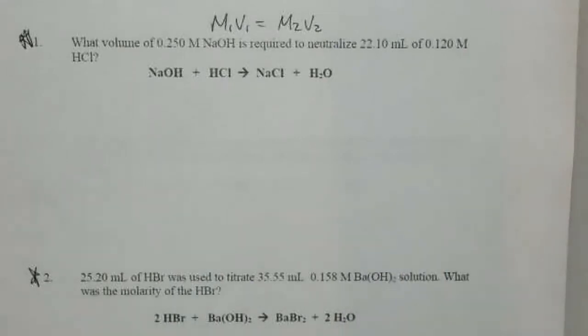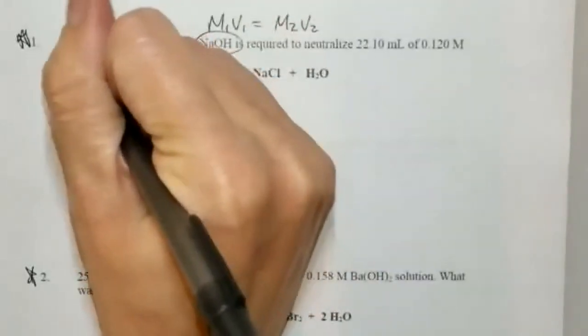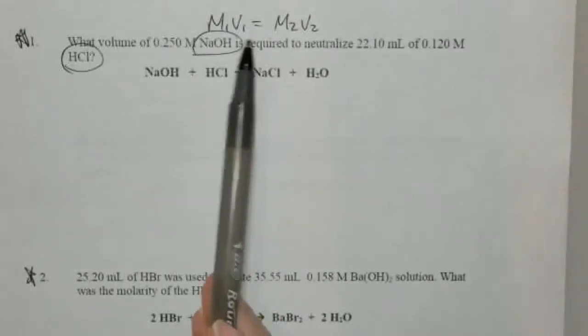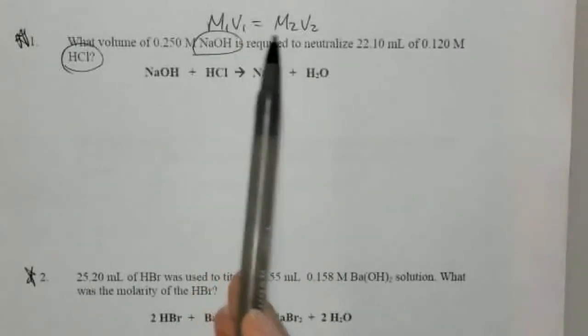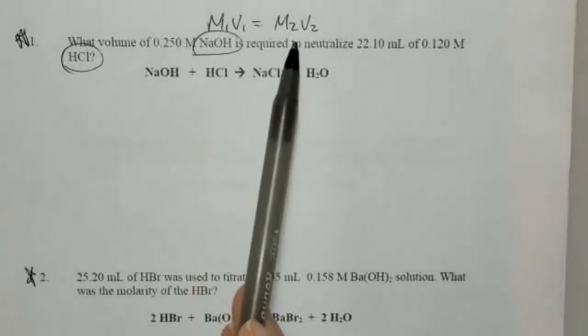The problem though is that I have 2 substances here. So I know that there is a chemical reaction taking place, and what the M1 V1 formula doesn't take into account is it doesn't allow for us to calculate if the mole ratio isn't 1 to 1. Because if you think about it, molarity times volume is moles.